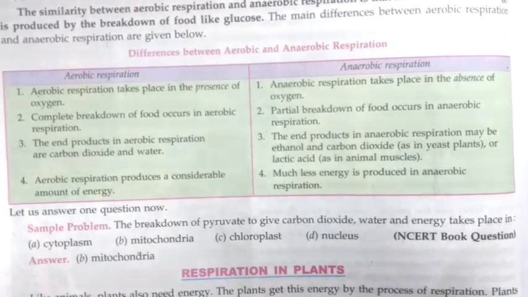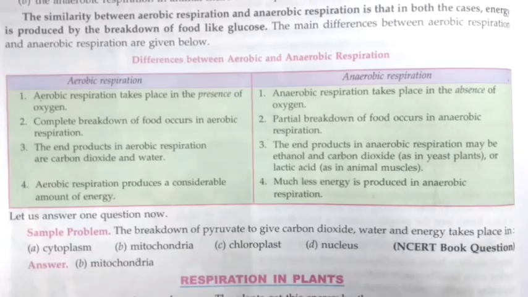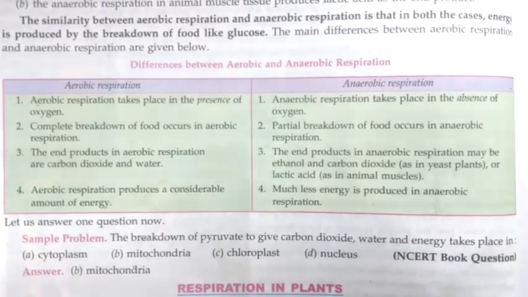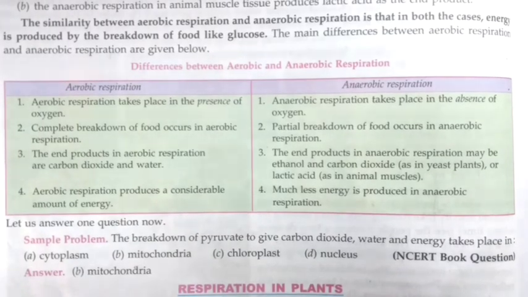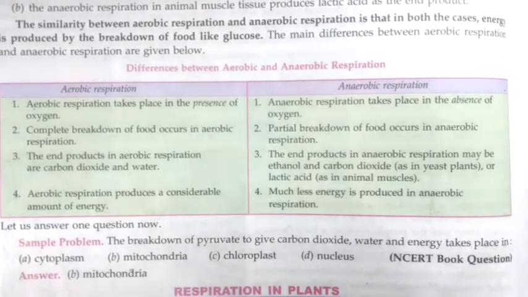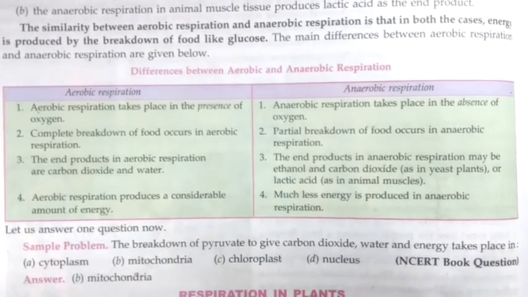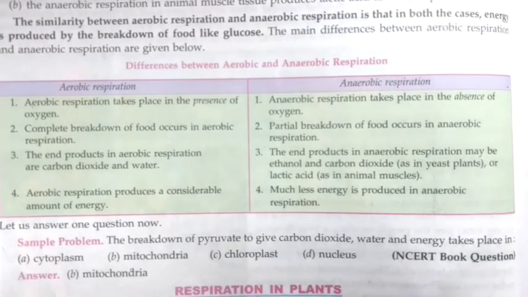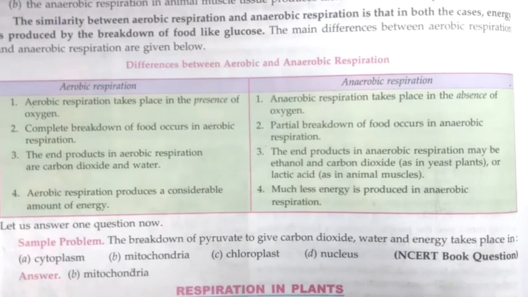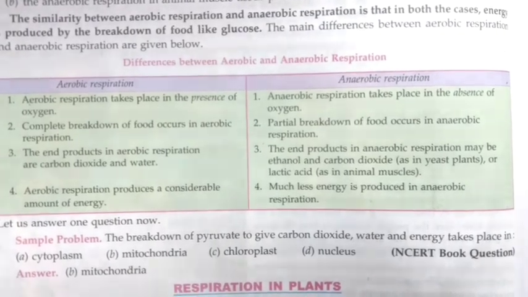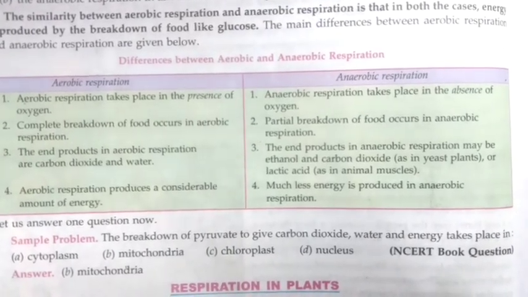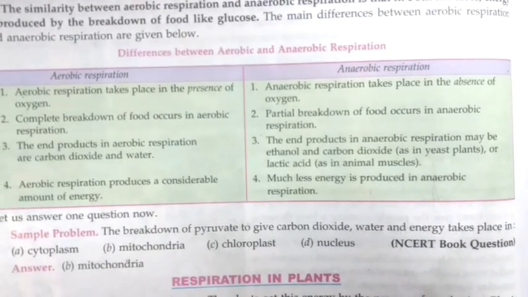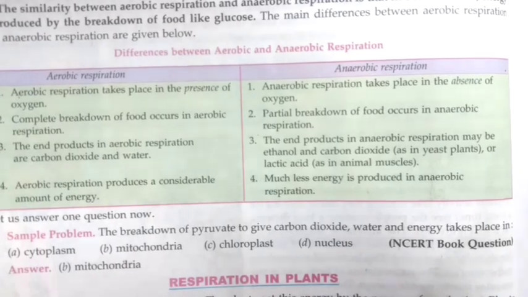In aerobic respiration, the end products are carbon dioxide and water, whereas in anaerobic respiration, the end products can be ethanol or carbon dioxide and lactic acid, etc. In aerobic respiration, a considerable amount of energy is produced, that means a large amount of energy, whereas in anaerobic respiration, a very small amount of energy is produced.